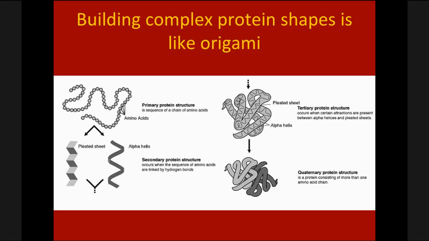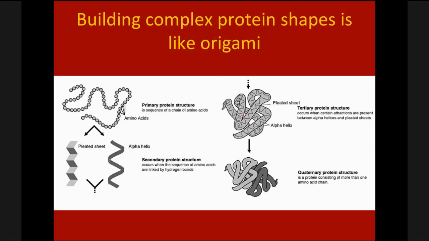If you have a polar next to a non-polar, they might be repelled and fold in the opposite direction. So which side groups interact with each other and how they bond with each other is going to cause the protein to fold.